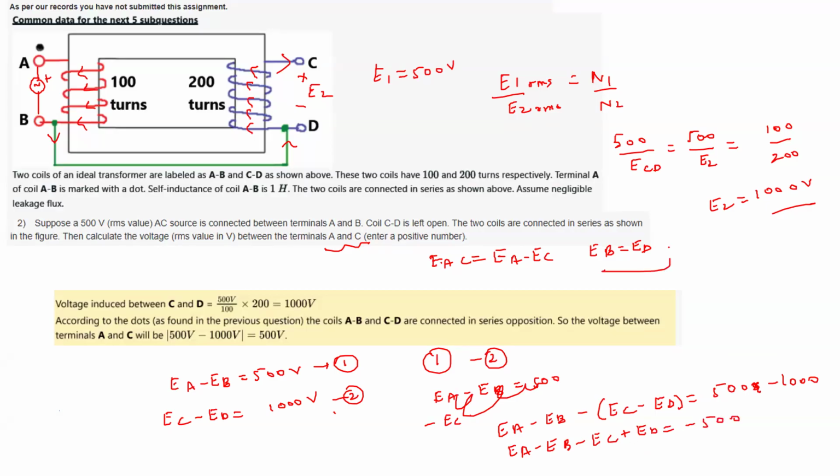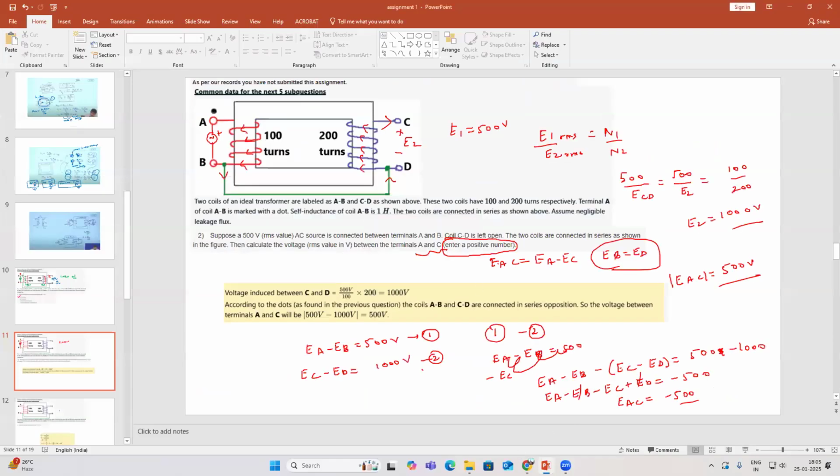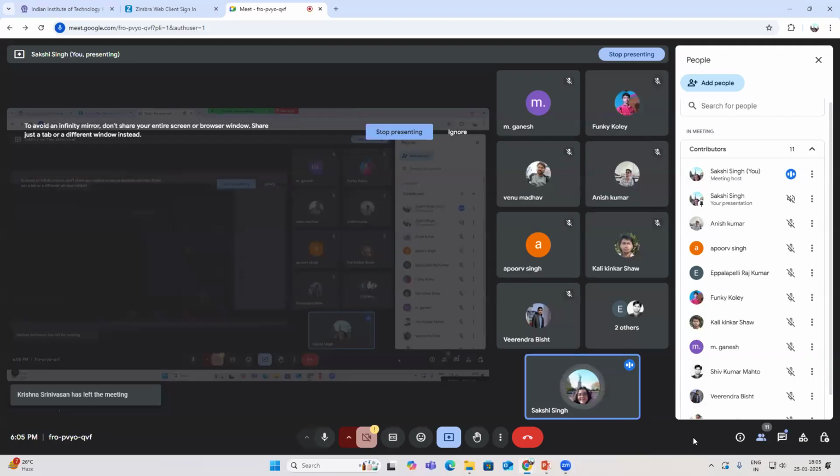Since EB is equal to ED, minus EB plus ED gets cancelled. So we are left with EAC, which is minus 500. But they are asking you to enter a positive number, because they know your answer will come out negative. So they're asking for the mod of EAC, which is 500 volt. Is this question clear?